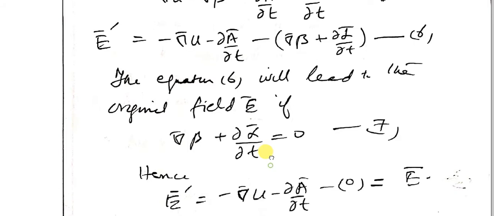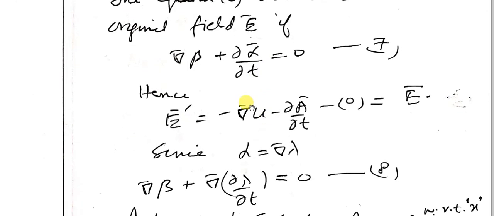So we get this equation number 7. Hence E prime is equal to minus gradient of U minus ∂A/∂t minus 0, which is equal to the original field E.